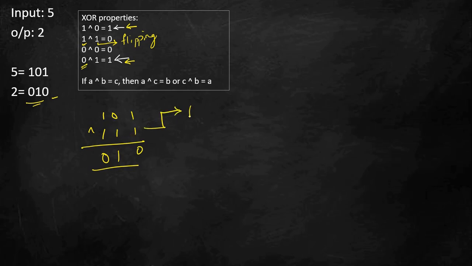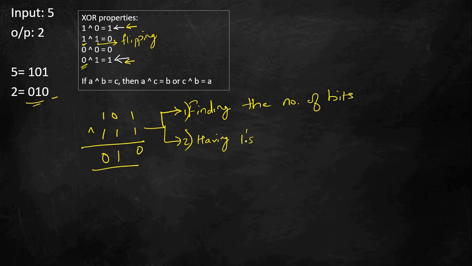One is finding the number of bits, and second, once we find the number of bits, having ones in all the positions. Once we find out how to do these two things, we will be able to solve this problem, right. So let's see how we can find the number of bits.